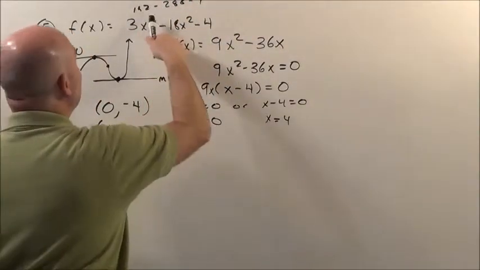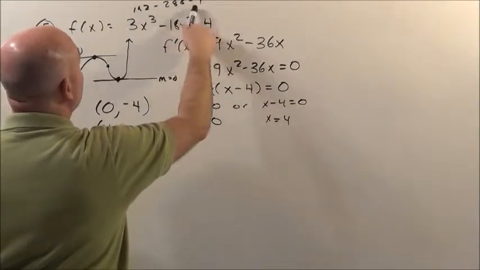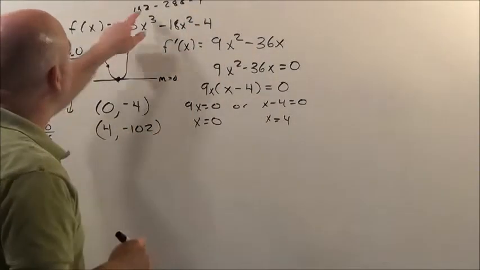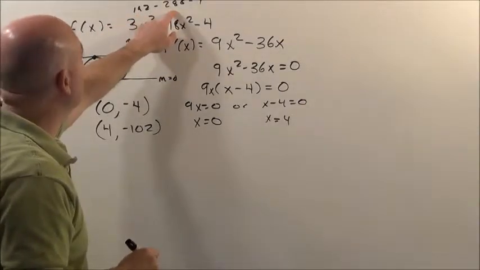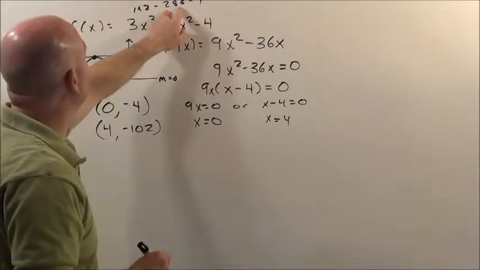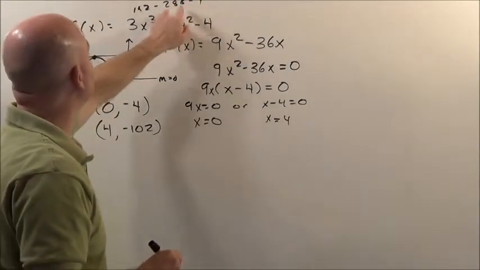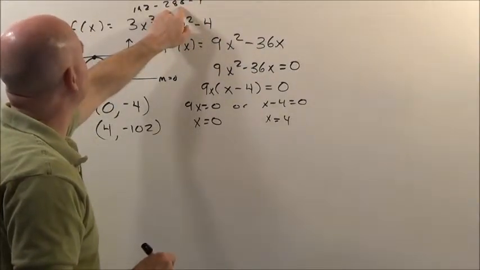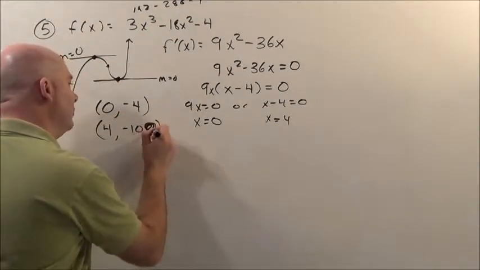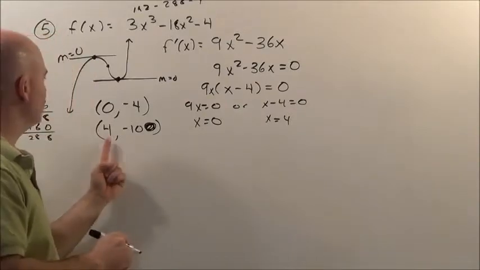Well, this guy's going to be quite far down there. 192 minus 4 more, looks like negative 100 to me. Sorry about that. So 4, negative 100.